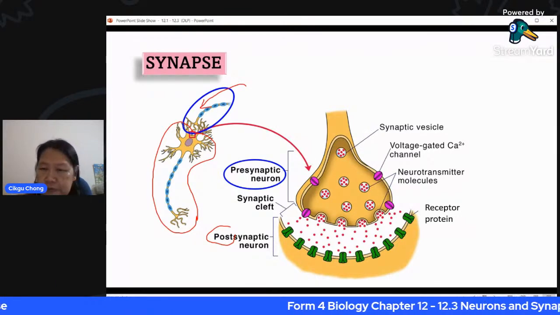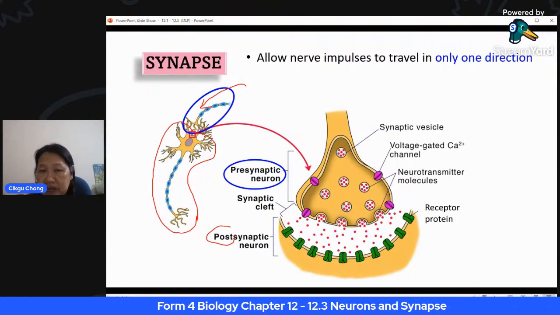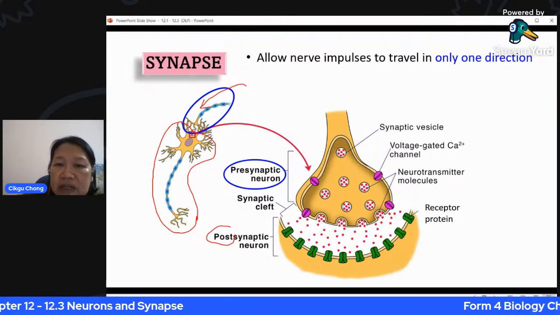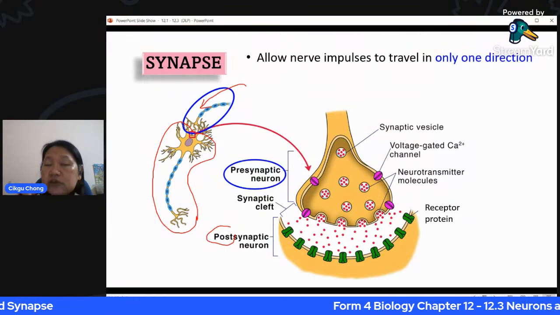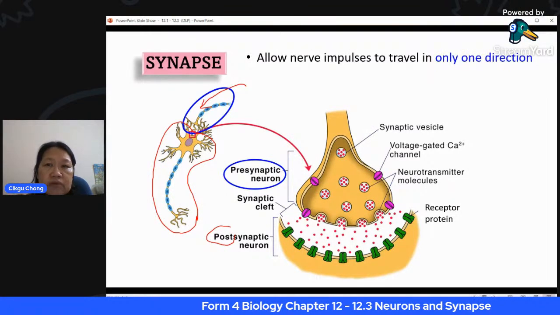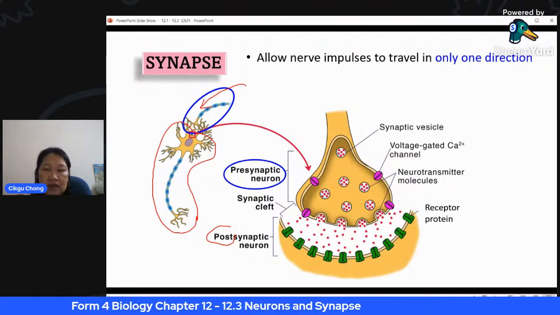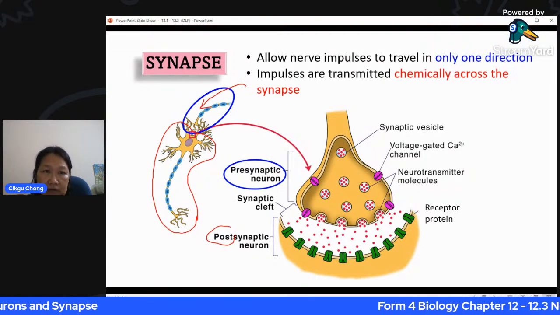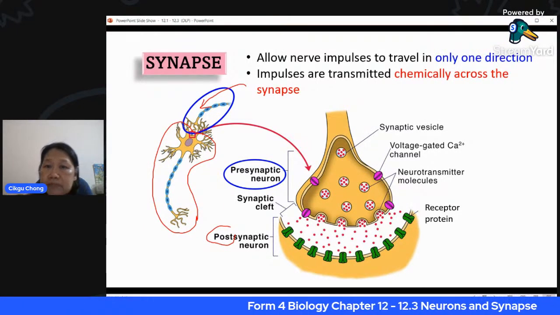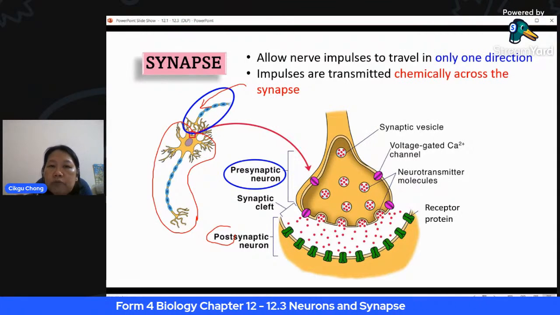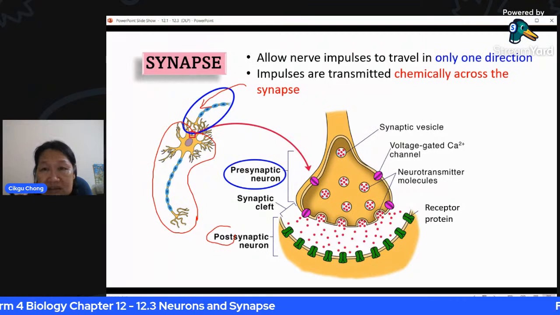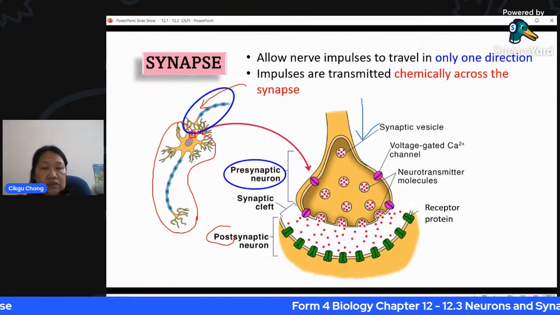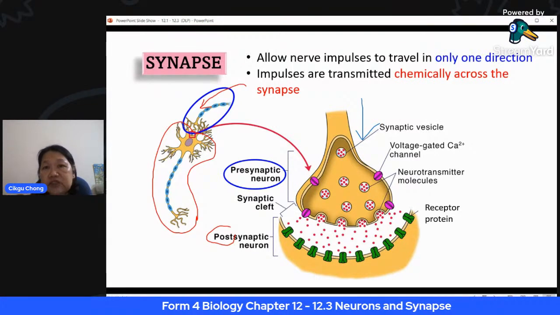Now, how is it passed on? Because of the structure of the synapse, with its synaptic vesicles and how they work, impulses are only able to travel in one direction. Later I'll explain why. When the impulse comes to the synaptic knot, it is converted into a chemical signal. Originally it is an electrical signal, because impulses are electrical.